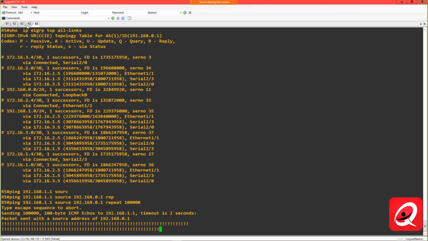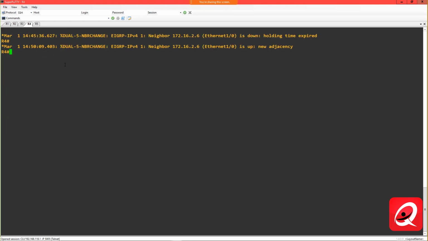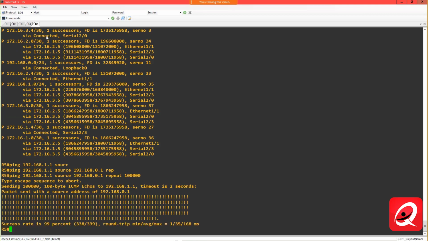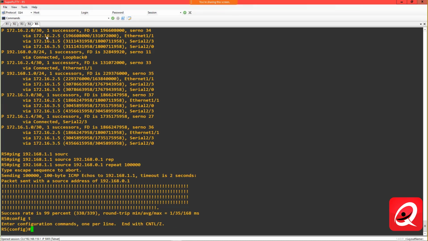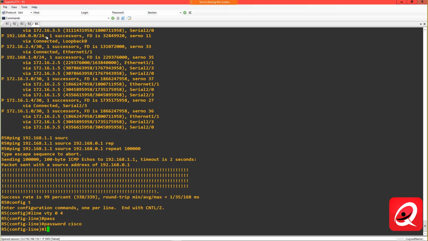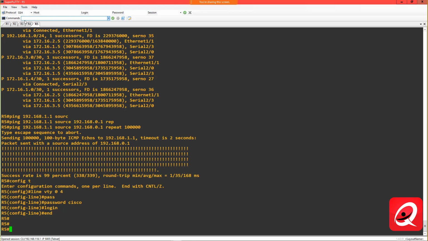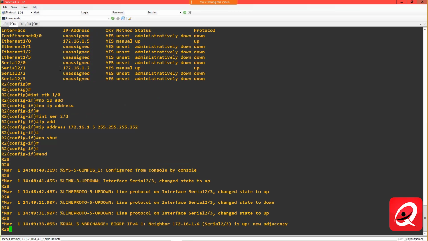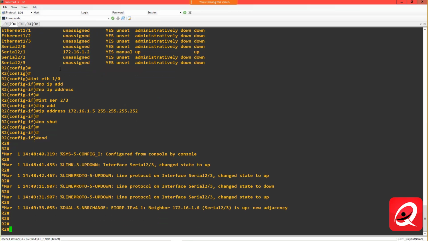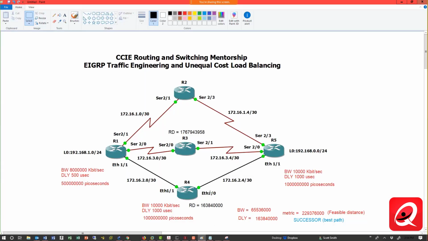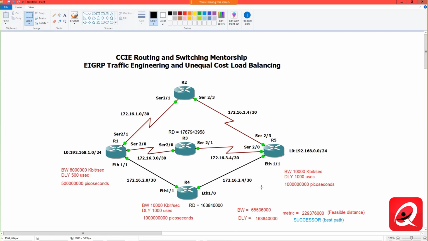Oops, let me do this. I have to do something different here. Hold on one second. All right, so I actually have to telnet to that router. Let's go through serial 2.3 because we're going to shut down Ethernet 1.1.